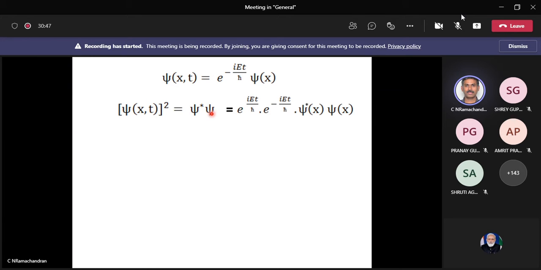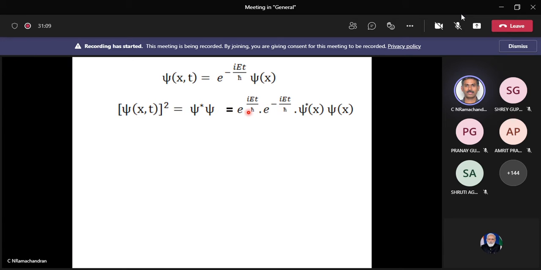So if you take the conjugate, it is very clear what is meant by psi conjugate. It will be e to the power of iEt by h cross, because the minus will become positive. So I have e to the power of iEt by h cross into, as usual, the function also.